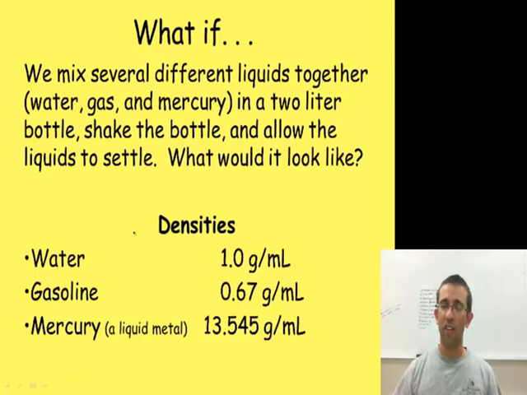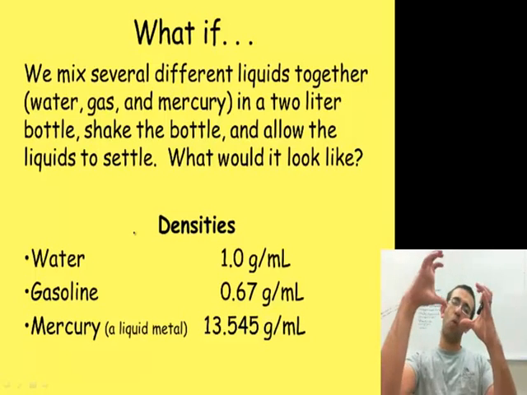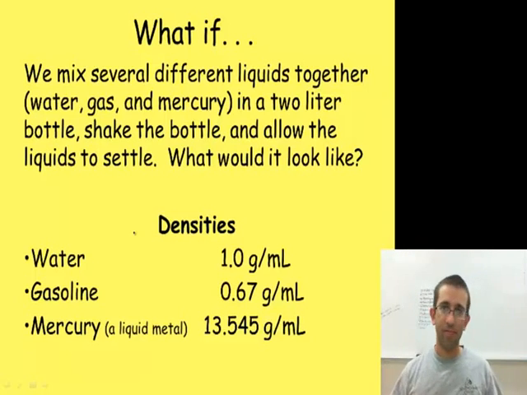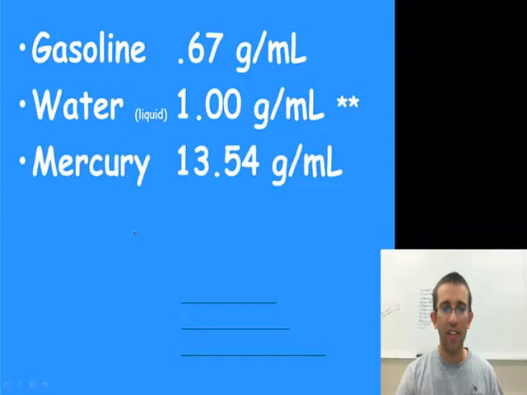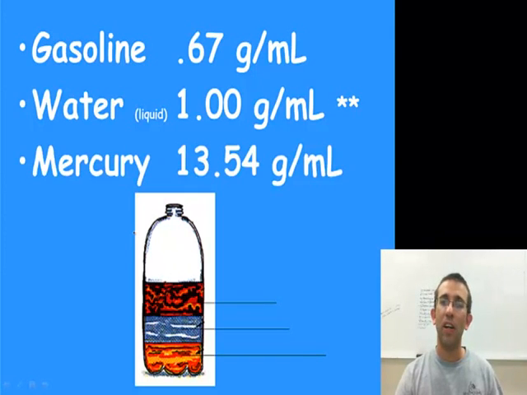You have water, gasoline, and mercury. So you shake it up, put it down, let it sit, come back 5 minutes later. What would it look like? Well, it would look something like this, where your gasoline would be on top, water in the middle, and mercury on the bottom.